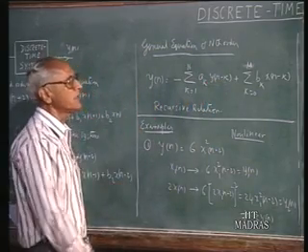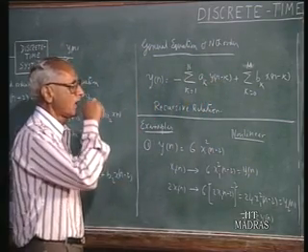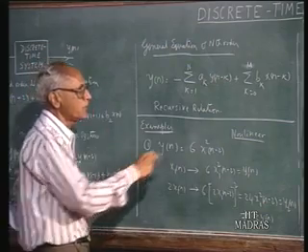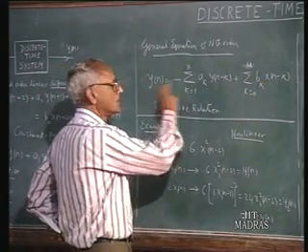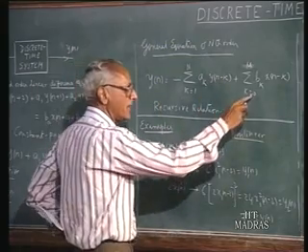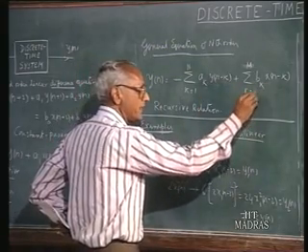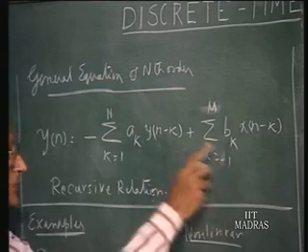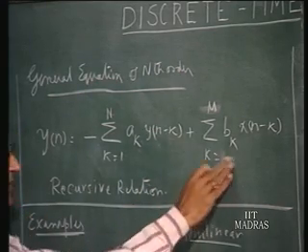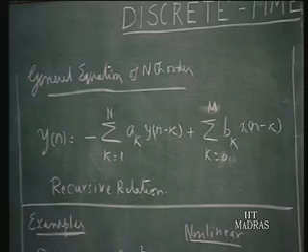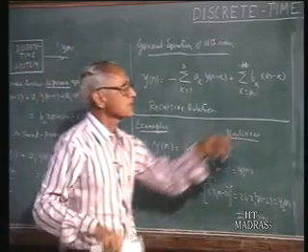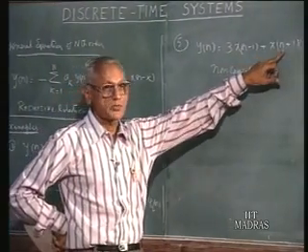The highest value of the argument for the independent variable is also n, k equals 0 to n. So that is why this is a causal system. If you started k equals minus 1, then it becomes n plus 1, and that fails to be causal. Since we are talking about the output depending on the present input and the past inputs, not on a future input, here we have a case where the output depends upon a future input, therefore it fails to be causal.